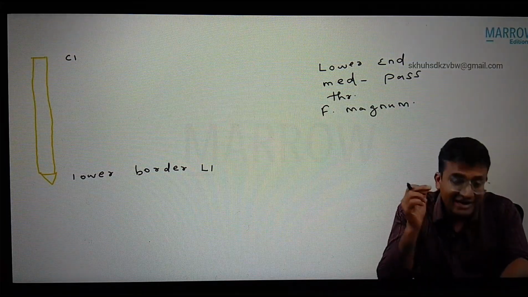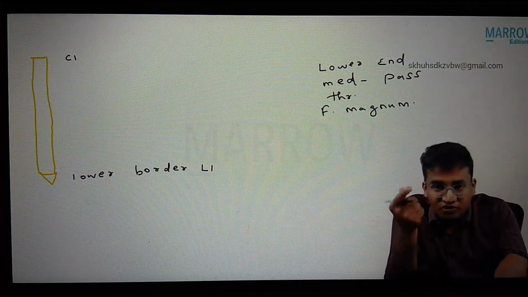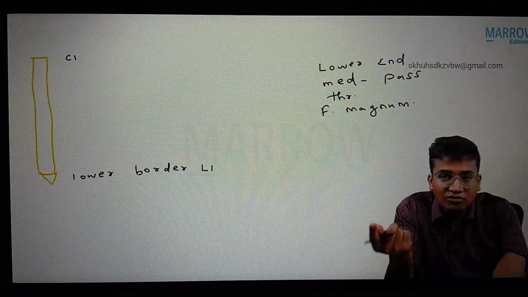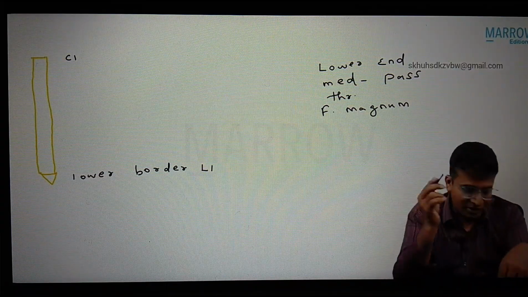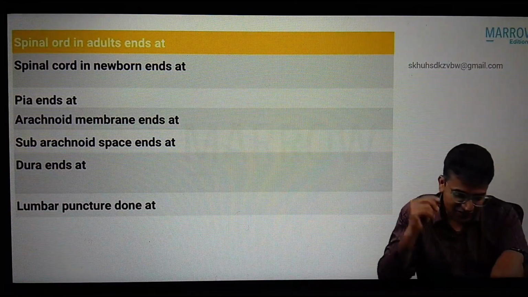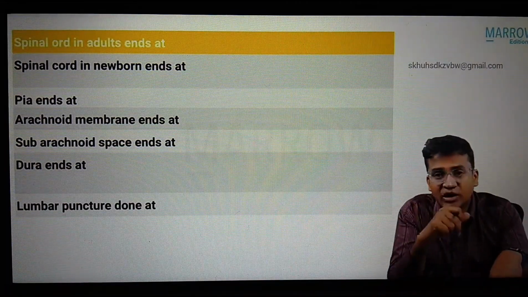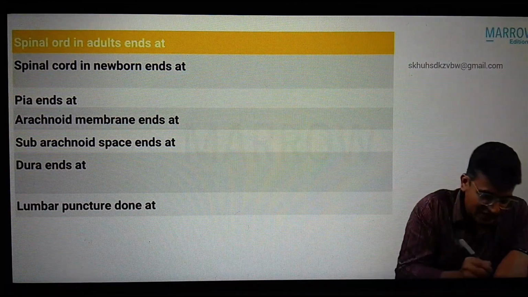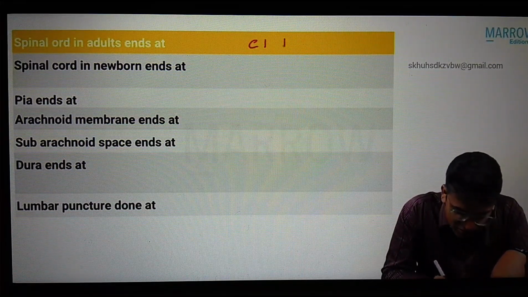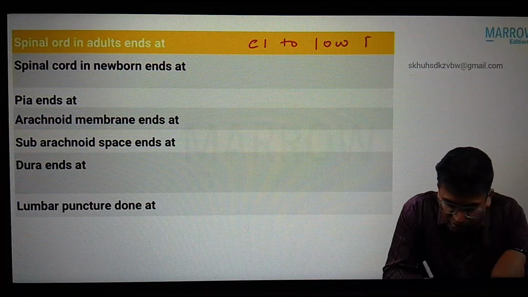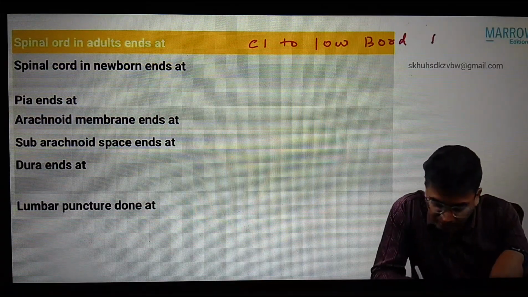Okay. Now again, in the exam they ask you specifically from C1 to lower border of L1. Lower border of L1. Now in the case of newborn, the spinal cord is starting from C1 to upper border of L3. So please write the spinal cord in adult C1 to lower border of L1.